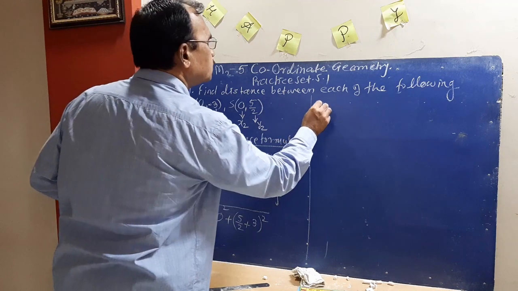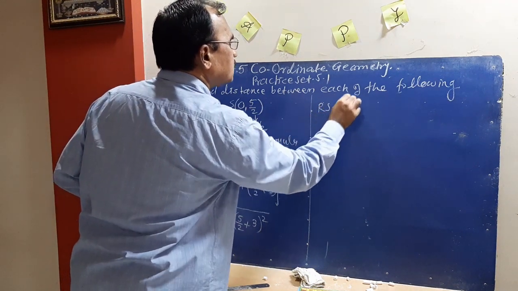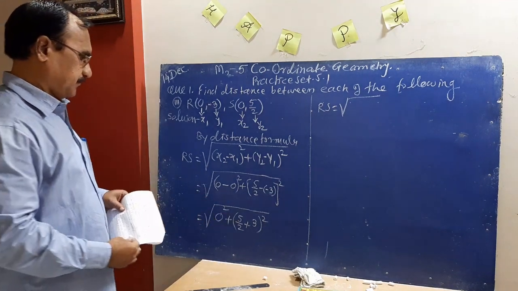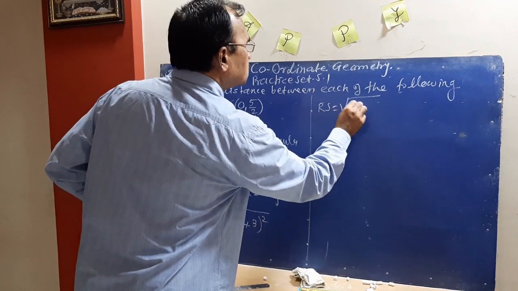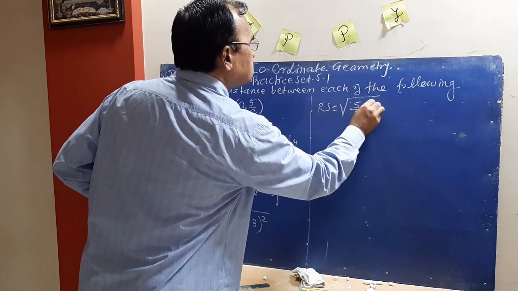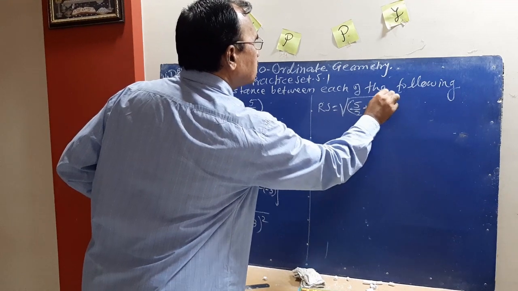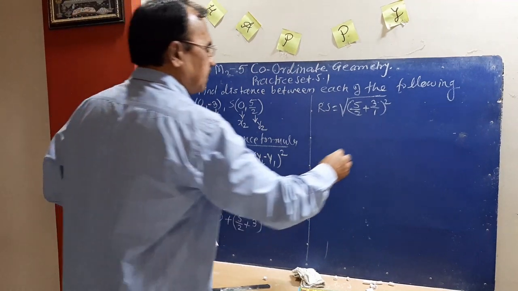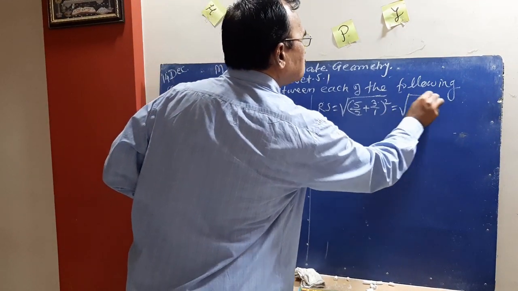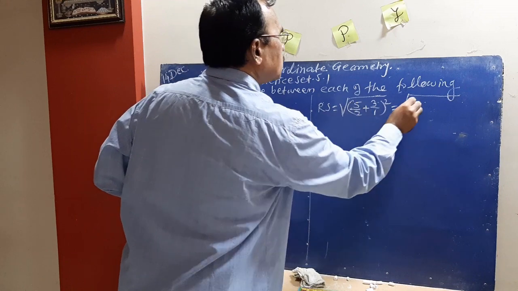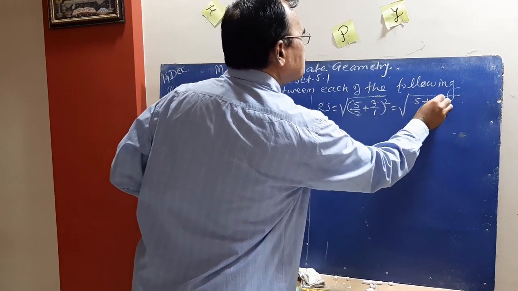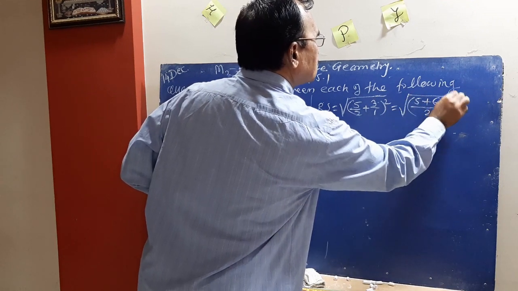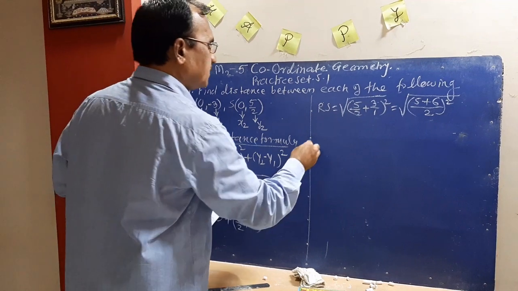RS is equal to under root 0 square is 0, no effect on this number, (5 by 2 plus 3 upon 1) whole square. Take denominator 1 for convenience, is equal to under root, 5 ones are 5, 2 threes are 6, divided by 2 ones are 2, whole square.